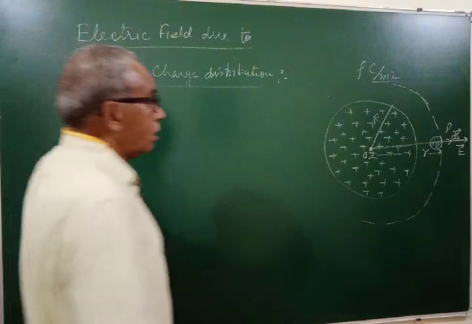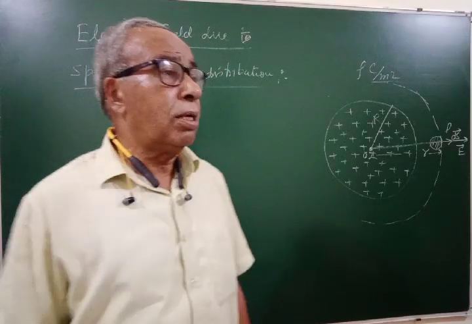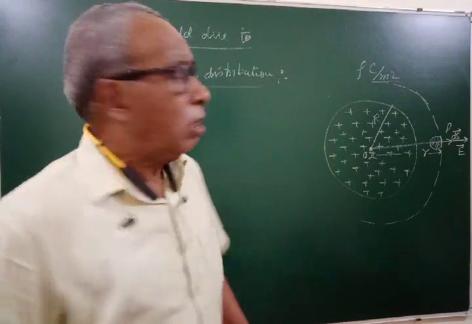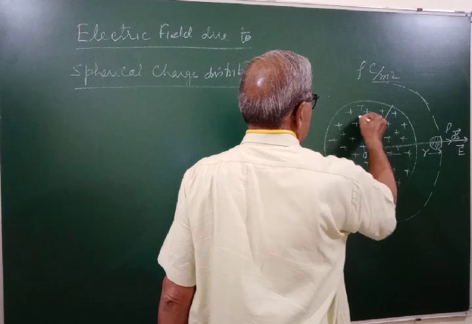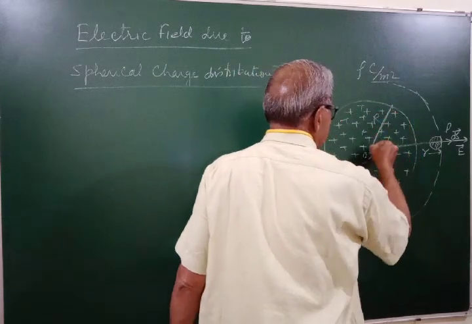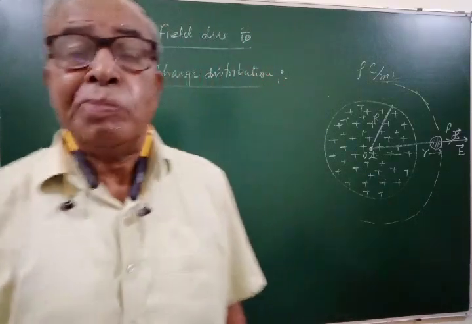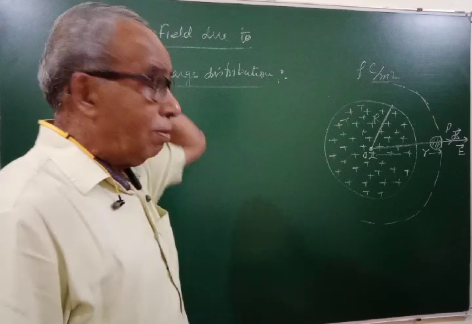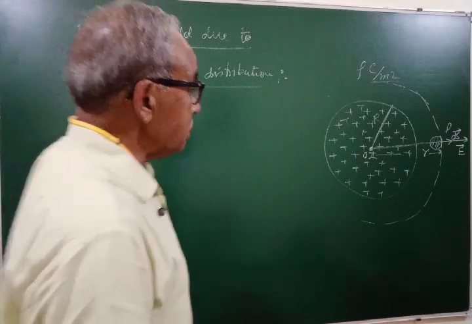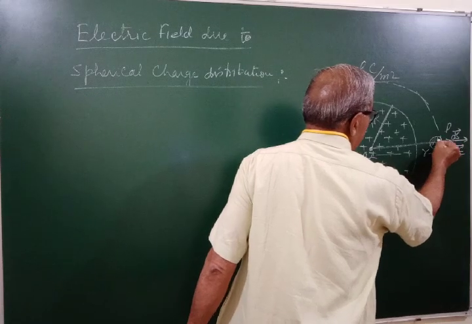So here, what is there? It is a sphere. Don't think of a conducting sphere. Simply it is charge inside a sphere of radius capital R, like the charge is filled in the nucleus of an atom. Then how will the field be determined at any point P outside the sphere?